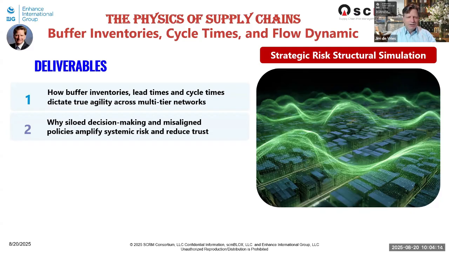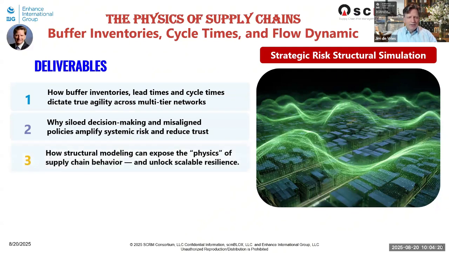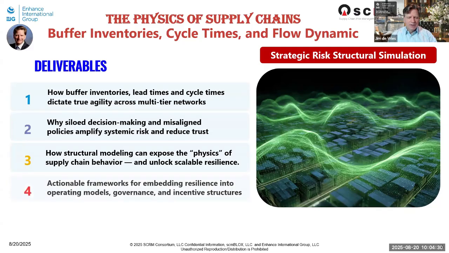So we're going to be getting into trust a bit in this webinar and linking it to decision-making. Then we'll, of course, have Chris and his structural modeling tool to help us expose the physics of supply chain behavior and unlock scalable resilience. And then we'll get into some actionable frameworks for embedding resilience into operating models, governance, and incentive structures.